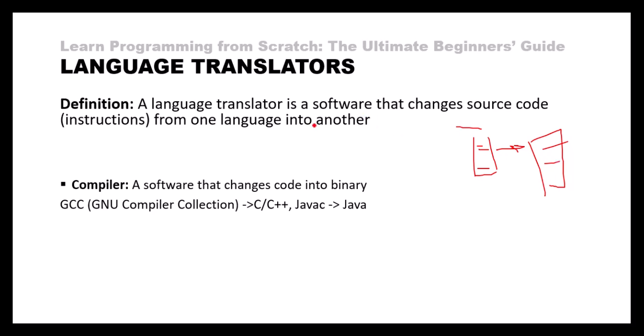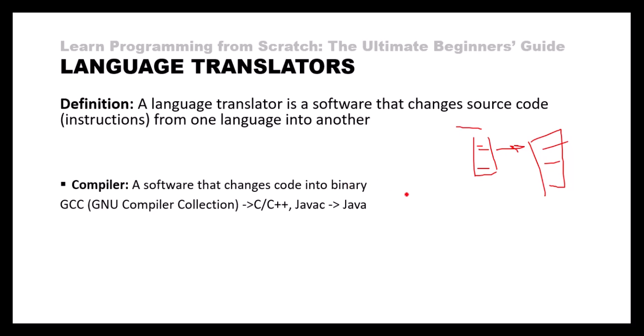The first type of language translator that we're going to look at is called a compiler. A compiler is strictly a software that changes code into binary. It gets source code that you write, whether in Java, C++ or JavaScript, and then changes that source code into binary. Some examples of compilers: we have the GCC compiler in the GNU Compiler Collection, which converts C++ or C code into binary.